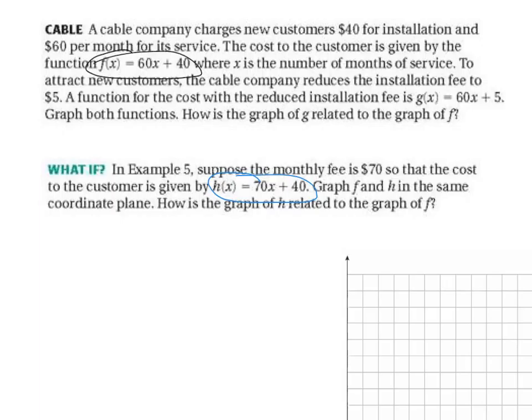So the first thing we have to do is label our graph, okay? So we have, this is months of service. We're going to go 0, 1, oh, a little too far there. 2, 3, 4, 5, 6, 7.